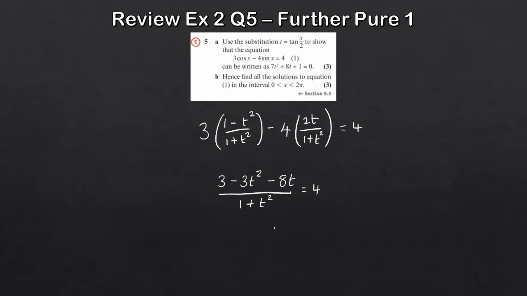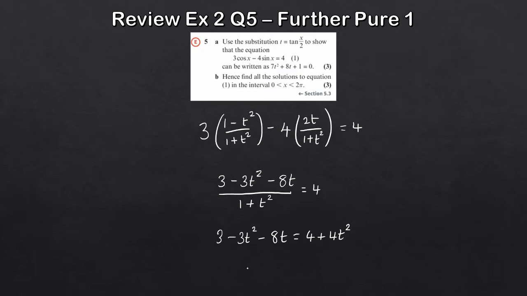Here now, what I can do is just multiply through by the 1 plus t squared, because we're looking to get 7t squared plus 8t plus 1. At this point here, I've only got minus 3t squared, so we need a bit extra to get there. So 3 minus 3t squared minus 8t is equal to 4 plus 4t squared. And all I do is take everything on the left hand side onto the right hand side, and we will obtain this correct expression.